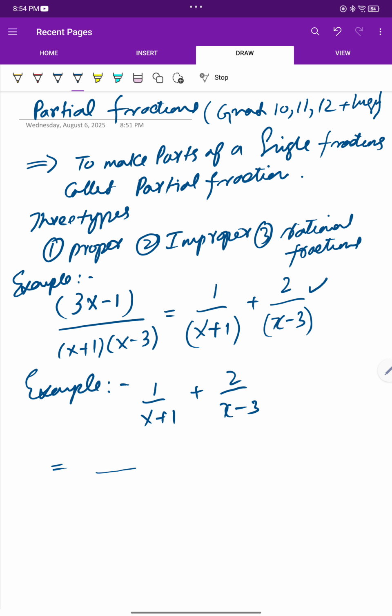If you remember, we're going to take the LCM. So what we got here, x minus 3.